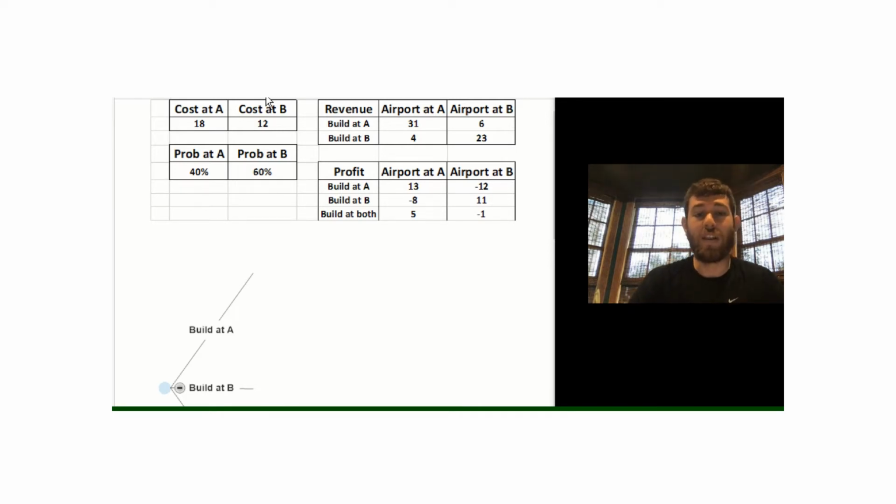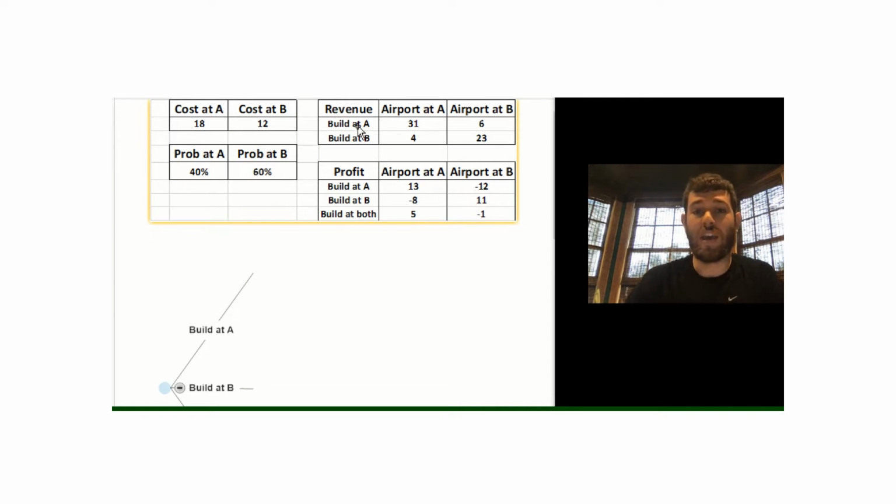So let's assume that up here we have the cost to build the hotel at location A is $18 million. The cost to build it at location B is $12 million. Let's also assume that there's a 40% probability that the airport will be built at location A and a 60% probability it will be at location B. And furthermore, the revenues generated from all these outcomes.